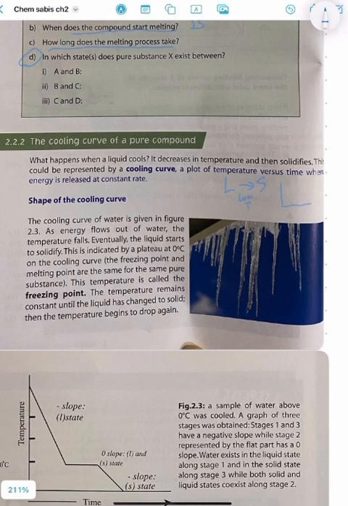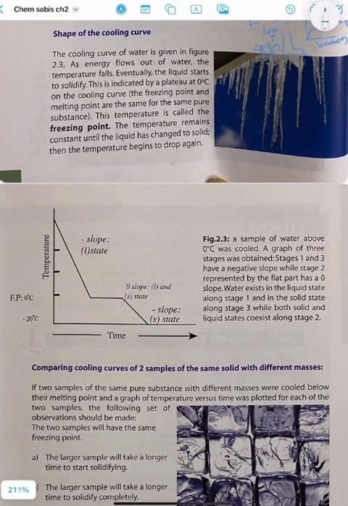So instead of our curve going up, it will come down. Okay, and here for heating curve we had melting point, right? For cooling curve we have freezing point. This is your graph.